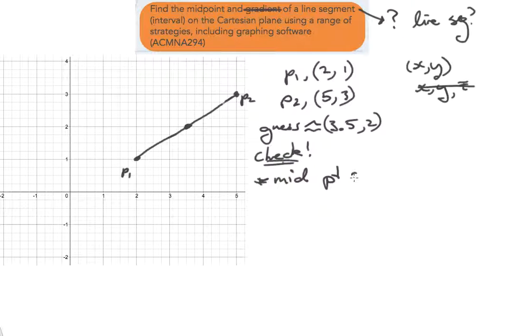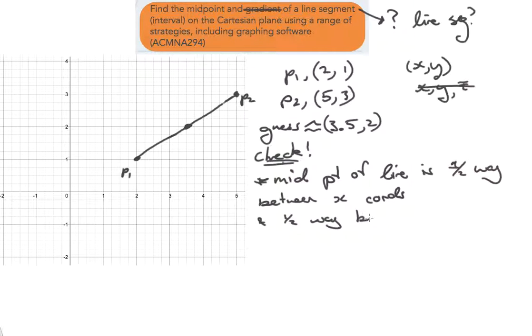The midpoint of a line is halfway between the x coordinates and halfway between the y coordinates. So the x coordinates are these ones, aren't they? Halfway between 2 and 5, and the y coordinates are these ones, 1 and 3.